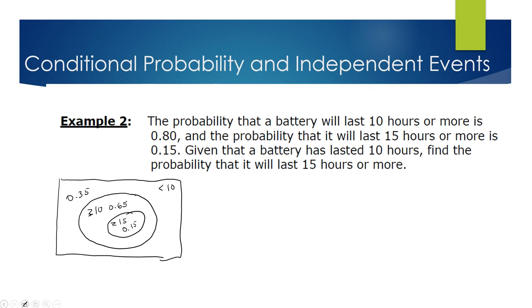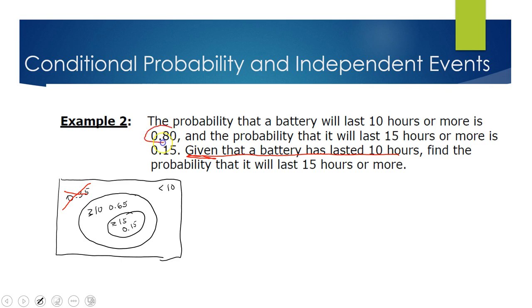So now what they're saying in this problem is, given that the battery has lasted 10 hours. So basically, we're already throwing this group out because we've already made it past that group. So given that the battery has lasted at least 10 hours, find the probability it will last 15 hours or more.